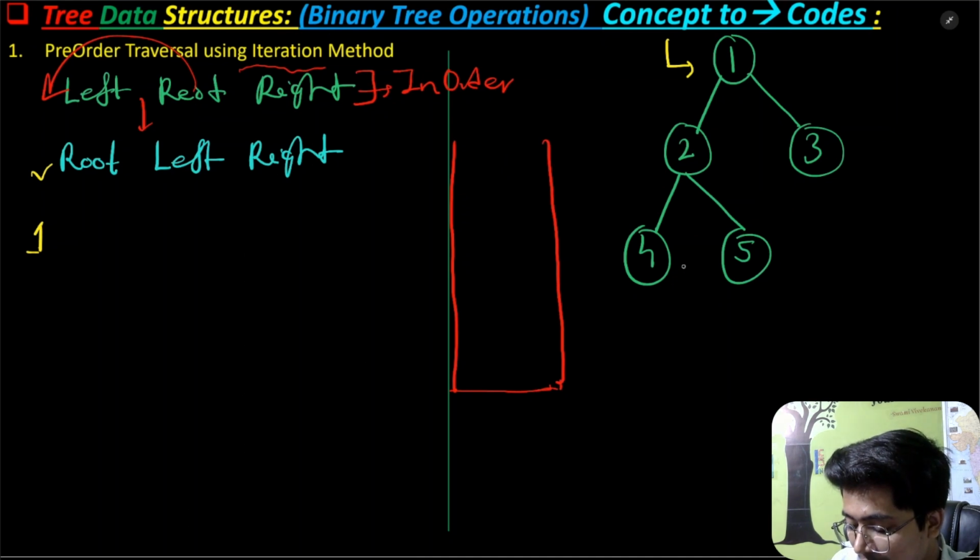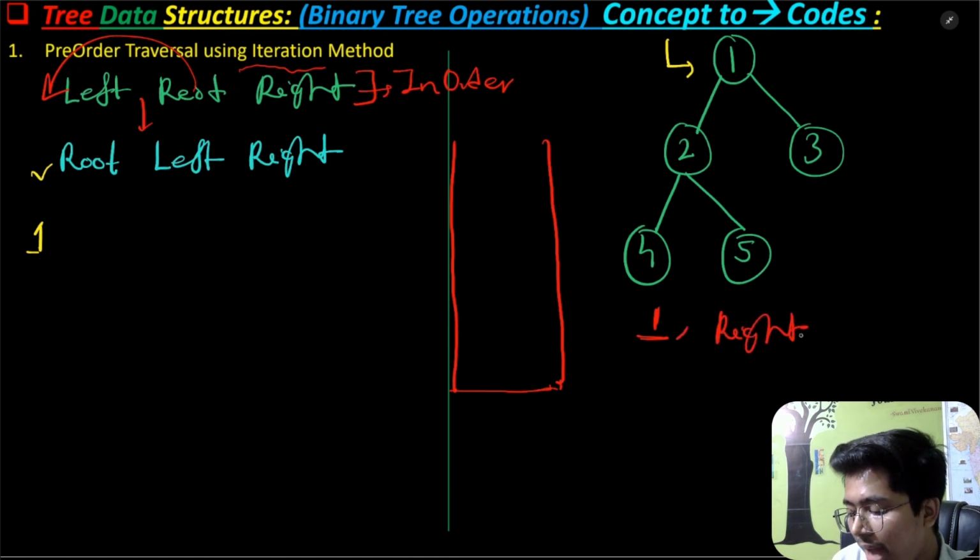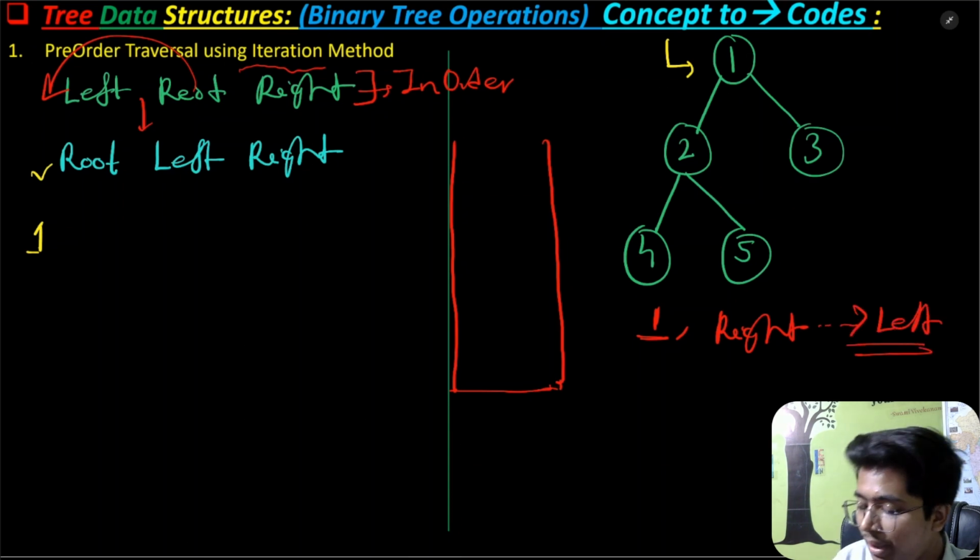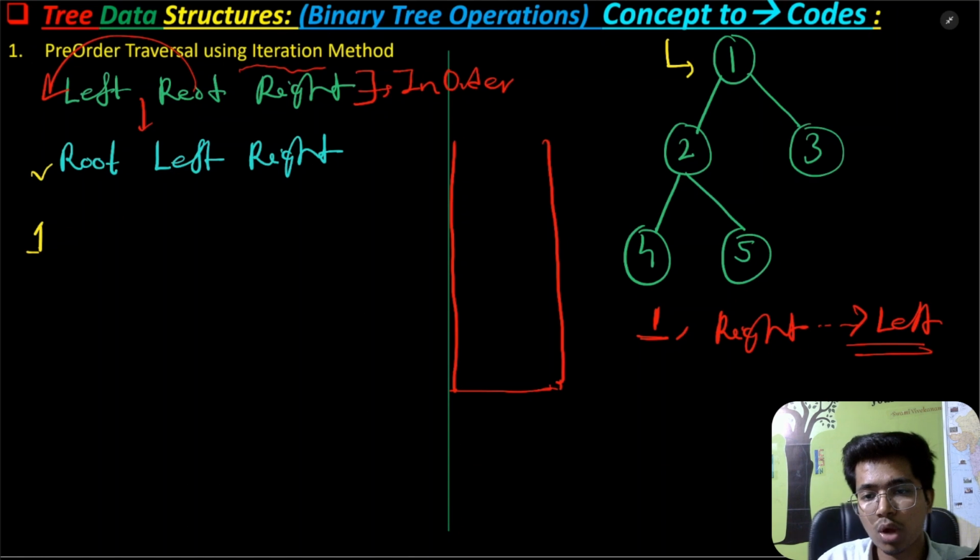First we'll have a current node, and if this node has left and right children, first we'll insert the right child, and then after inserting the right child we will insert the left child. Now we are dealing with one. Once we have processed the one, we will insert its right child, and then its left child.